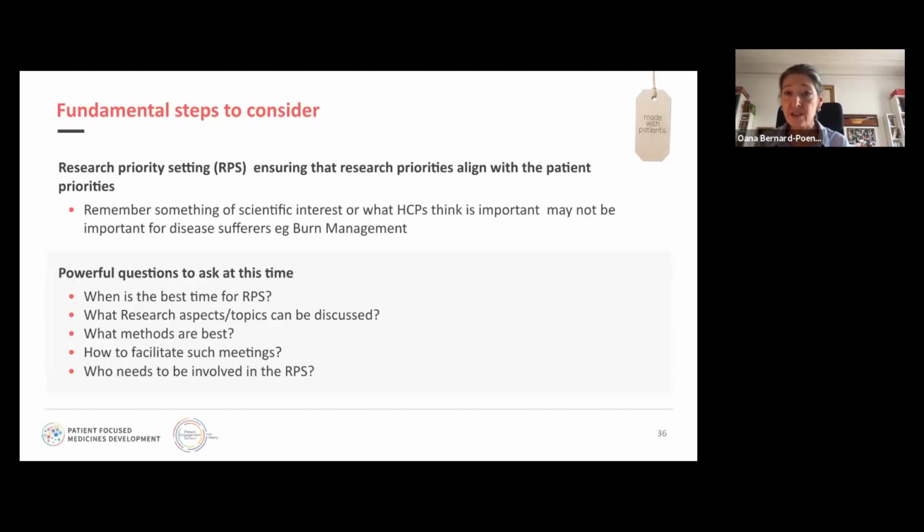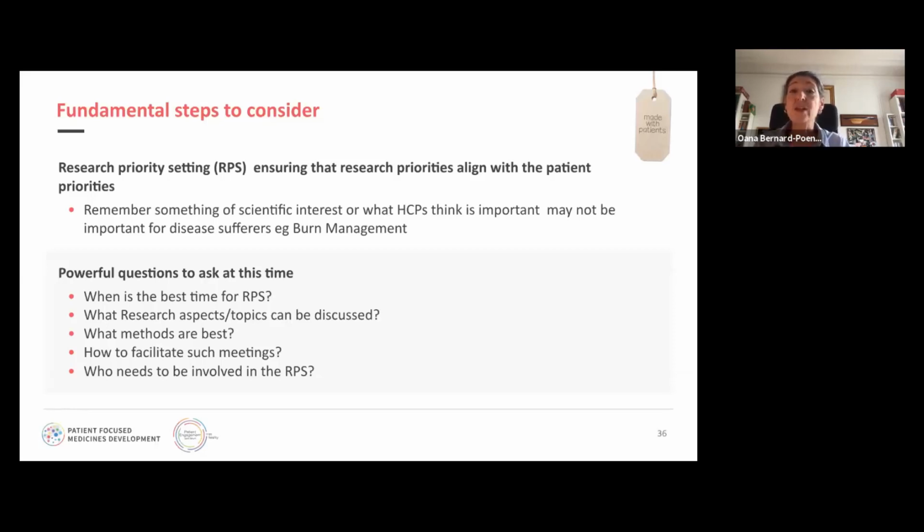So this is to be discussed together between pharma and patients, because too early may not be relevant and too late may be ineffective, because the research studies are already set and defined, and sometimes it is difficult to change some important aspects to answer relevant questions.